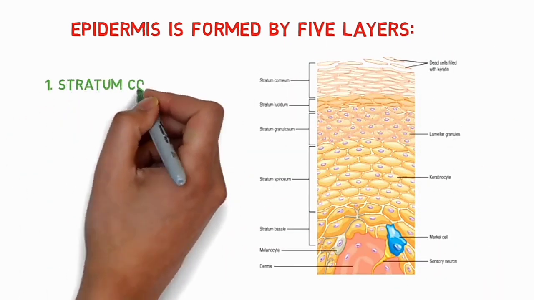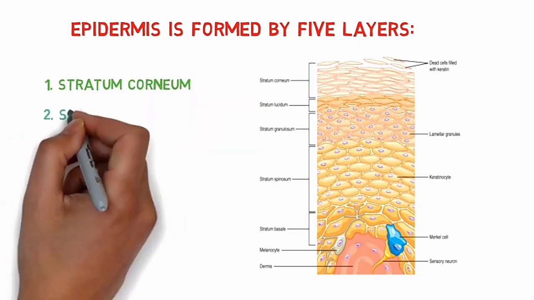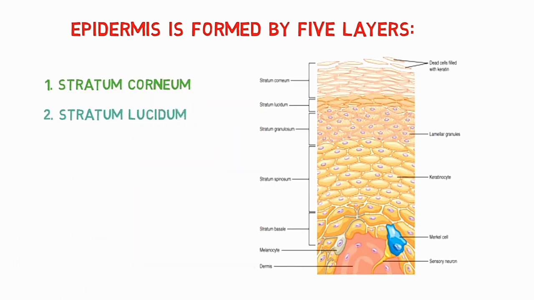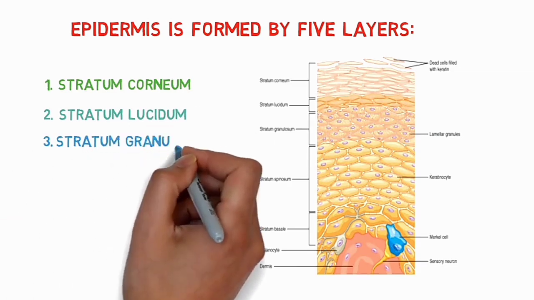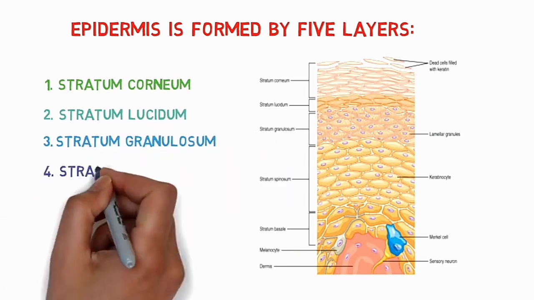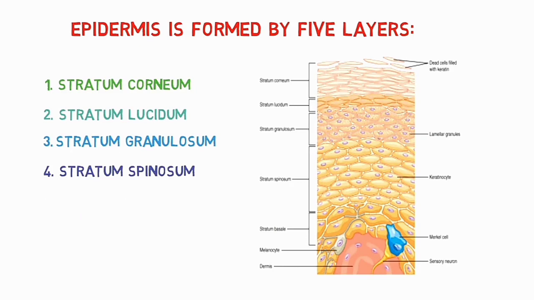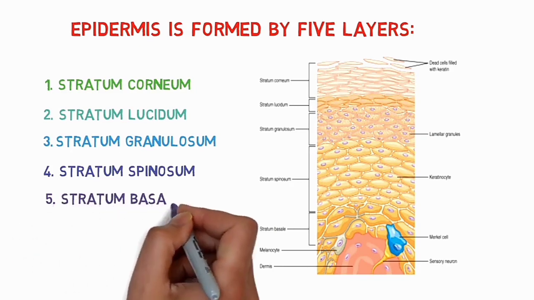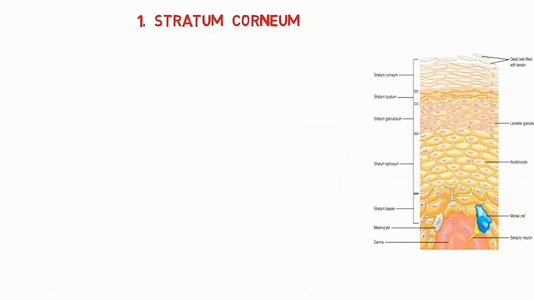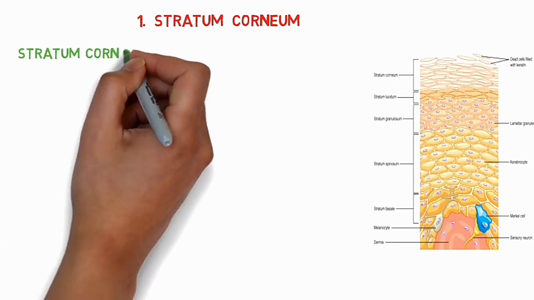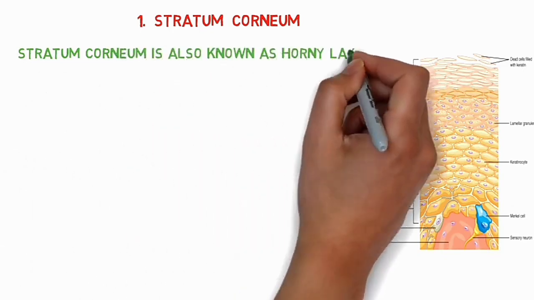First, stratum corneum. Second, stratum lucidum. Third, stratum granulosum. Fourth, stratum spinosum. Fifth, stratum basal. First, stratum corneum. Stratum corneum is also known as horny layer.